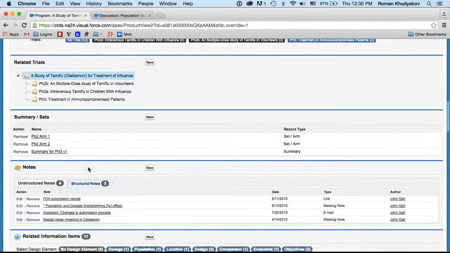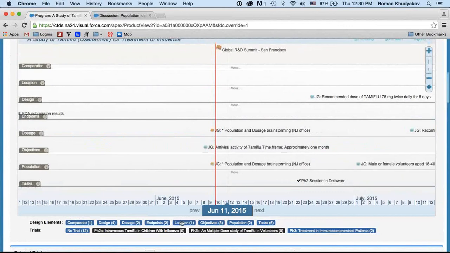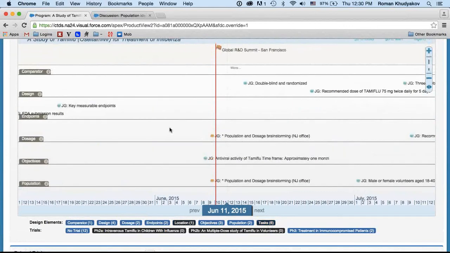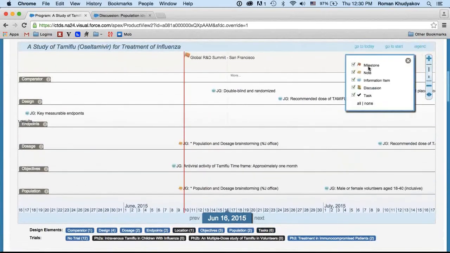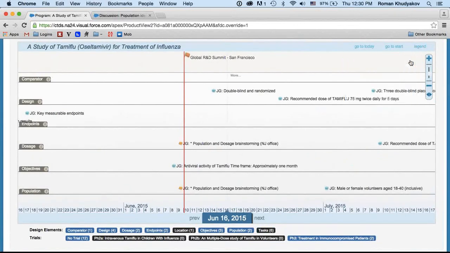Going back to the timeline, it's all interactive, and I can see all the milestones, notes, decisions or information items, discussions, and activities on the timeline. With the vertical red line, I can see all my milestones that we should meet during the design phase and all the decisions that were made.